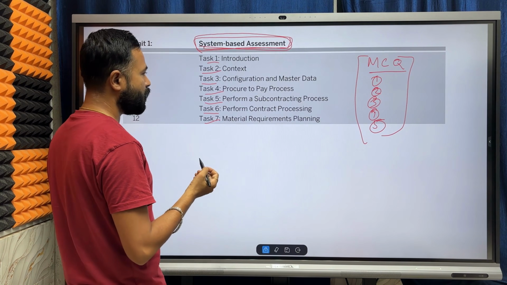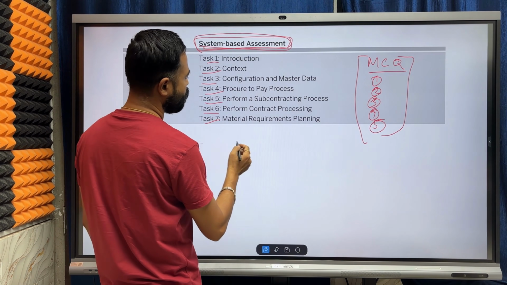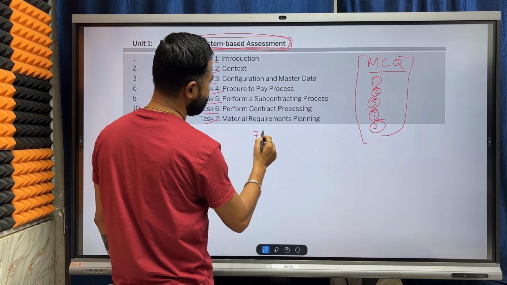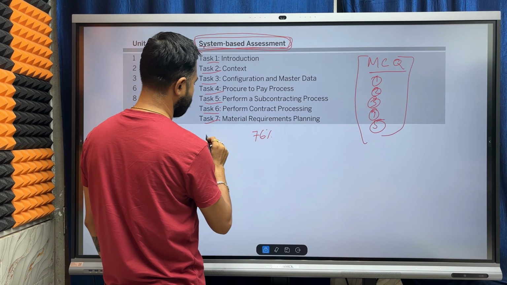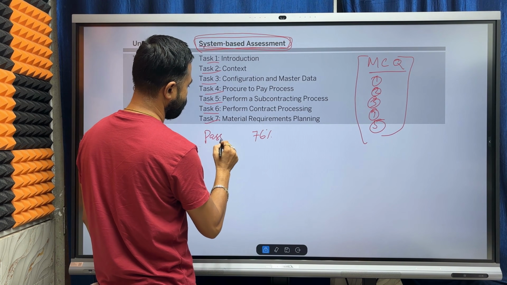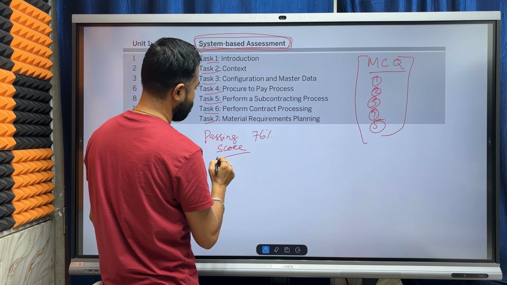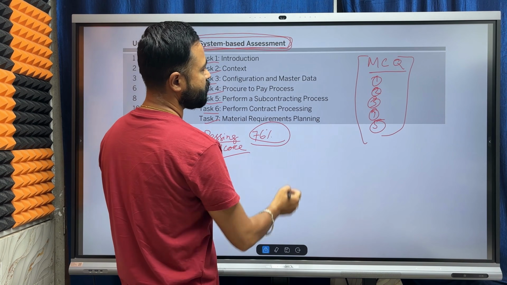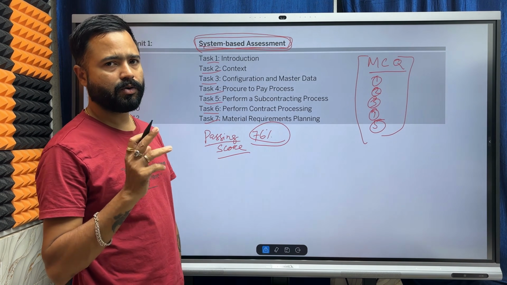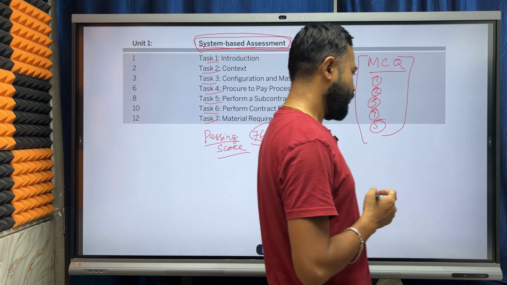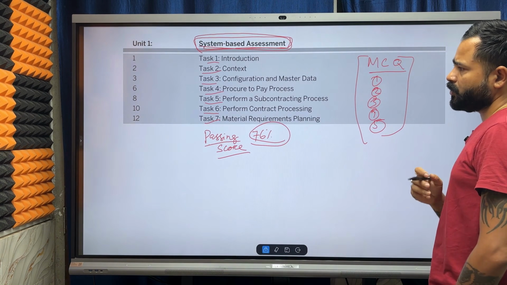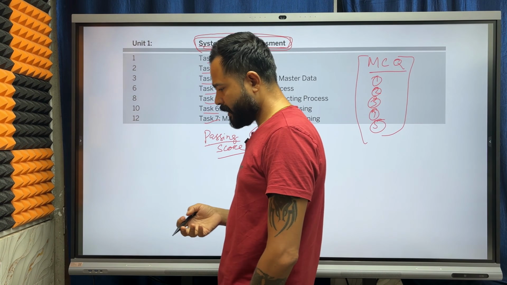Coming to the results, the passing score is 76%, and below that you are not going to succeed. The next important thing is how this will be evaluated.